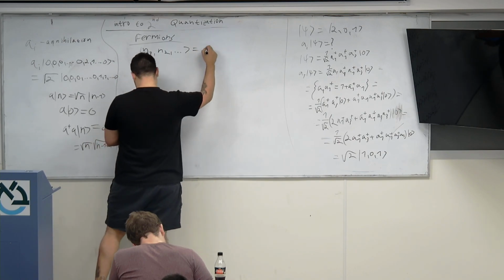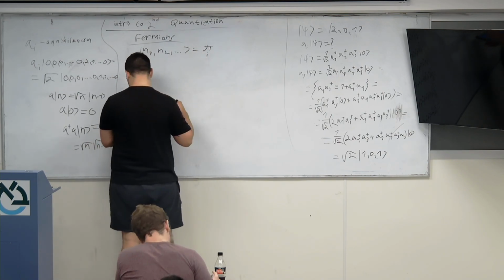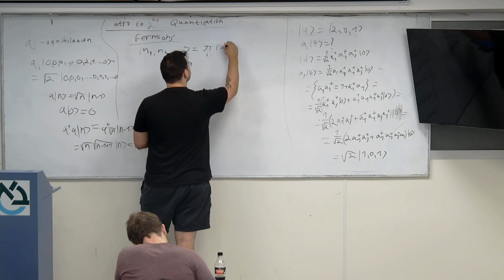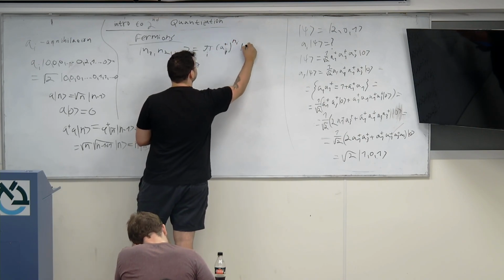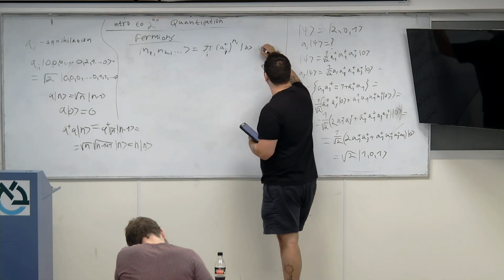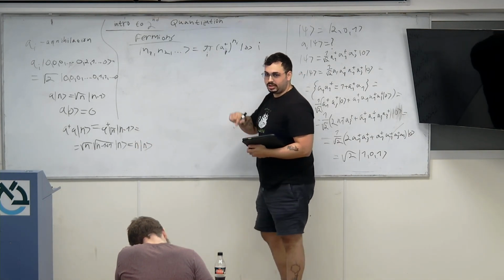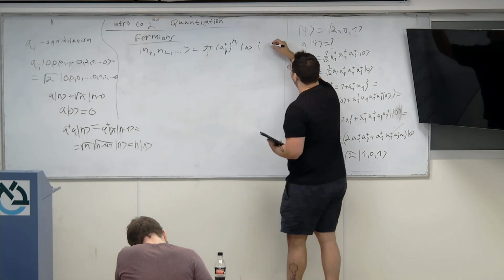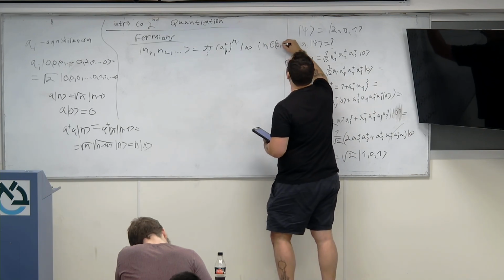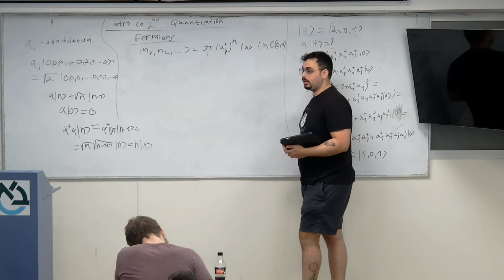you read it as, where there's a few stars on this equation, where Ni is 0 or 1.